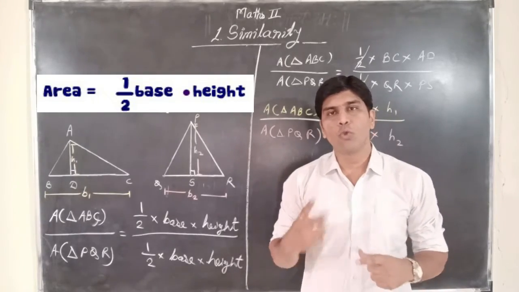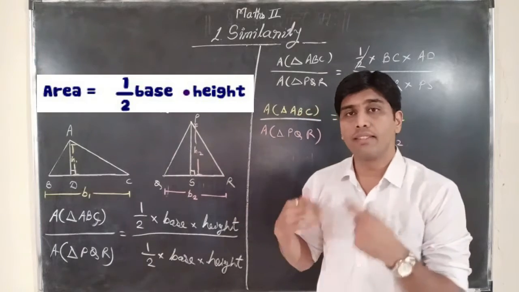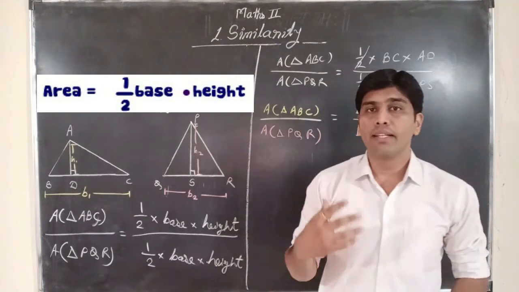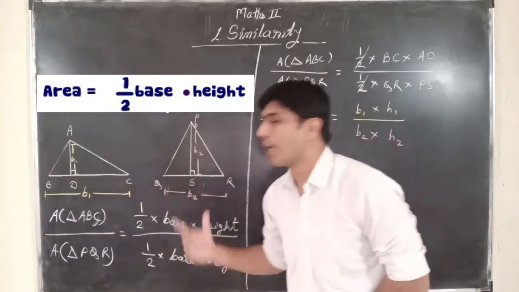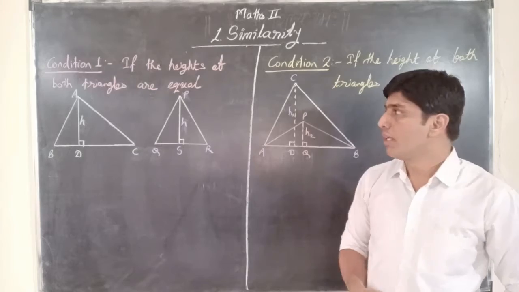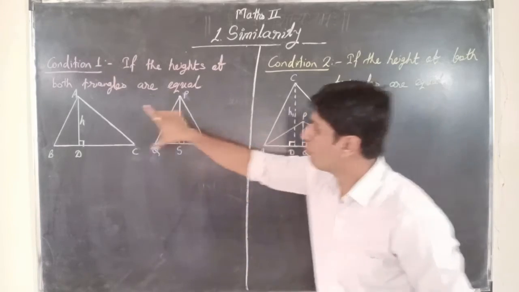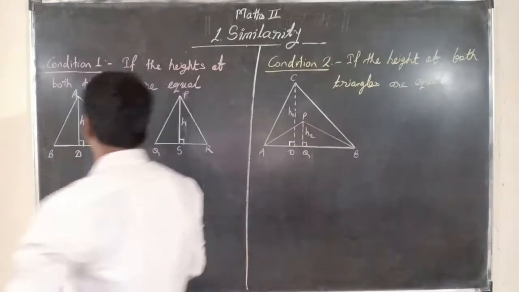Now we are going to study two cases. What will happen if the heights of both triangles are the same? And the second case is what will happen if the bases of both triangles are the same? So here we have the first case. If the heights of both triangles are equal, let's find the ratio.